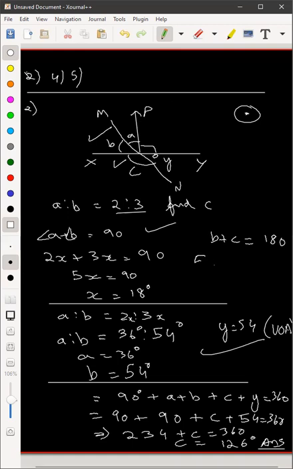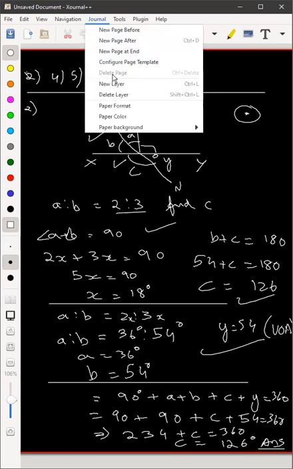We already know B is 54, plus C is equal to 180. So C will be 180 minus 54, which is 126. Either of the two methods. There are many methods to solve it. Any doubts, anyone in this? Let's go on to the next one, 4 and 5.